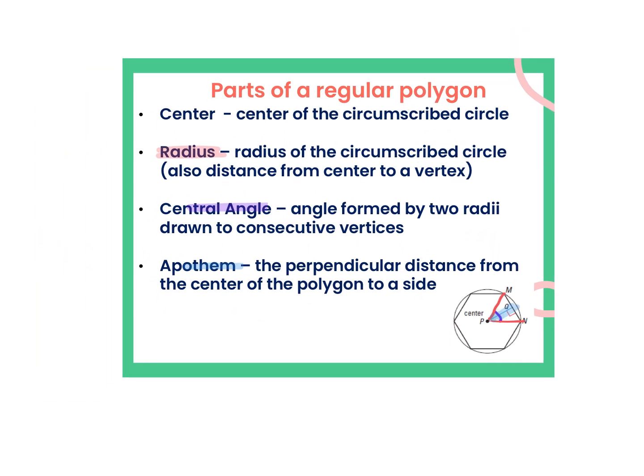So remember, the apothem goes from the center to a side. It's not going all the way to the edge of the circle. The radius is always going to be longer than the apothem because the radius goes all the way to the circle.